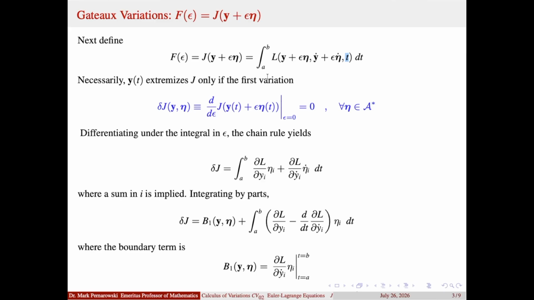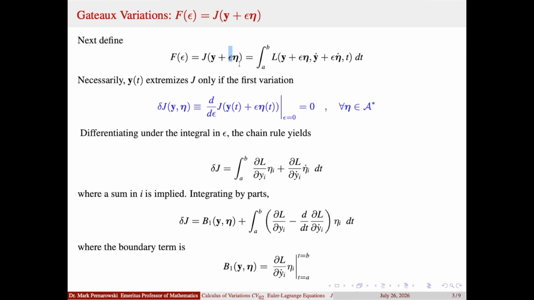Okay, so I want to find a power series of this thing, and in particular I want to find the first derivative of this thing in epsilon. So what's happening here is we're fixing y, we're fixing eta, and we're letting epsilon, which is a real number, vary. And we're going to take the derivative of that capital F of epsilon in epsilon and evaluate at 0.